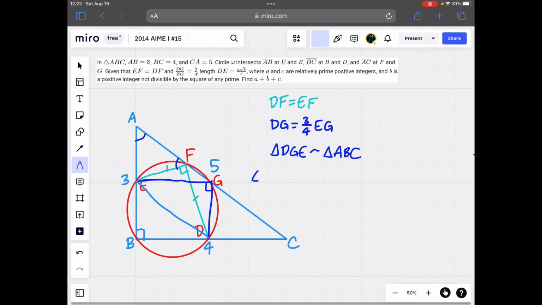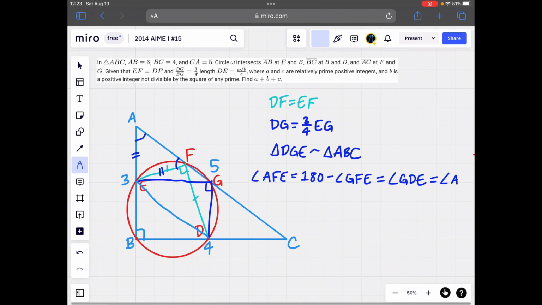So note that angle AFE is equal to 180 minus angle GFE, which is equal to, by cyclic quadrilaterals, that's just angle GDE. That's just equal to angle A, because triangle DGE is similar to triangle ABC. So angle AFE and angle A are the same angle. So we can say that this triangle is isosceles.